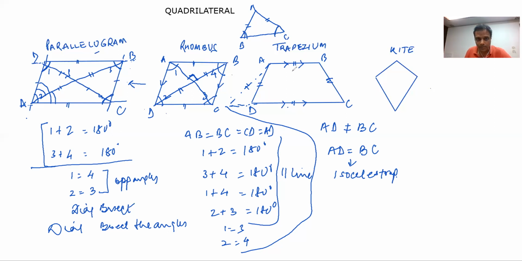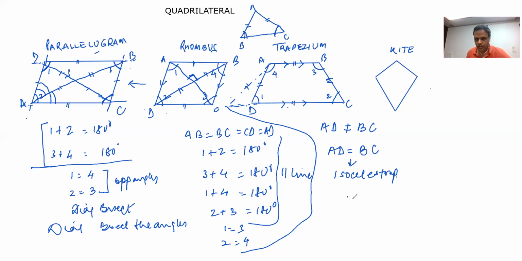Similarly, in the trapezium also, these are the base angles, and these are also called the base angles. There are base angles on the bigger parallel line and base angles on the smaller parallel line. 1, 2, 3, 4.